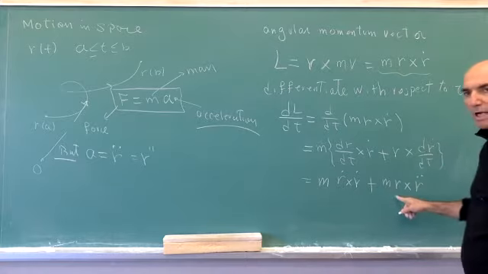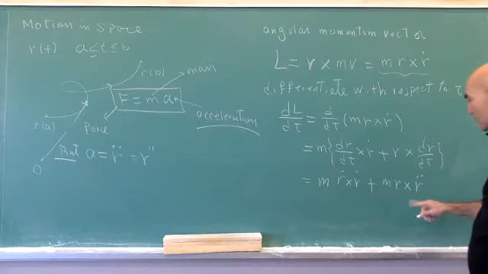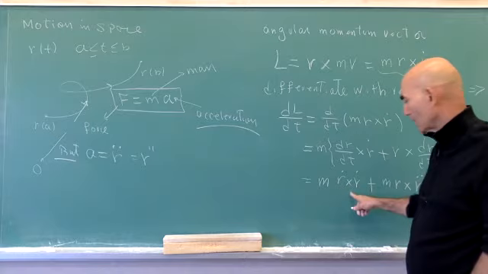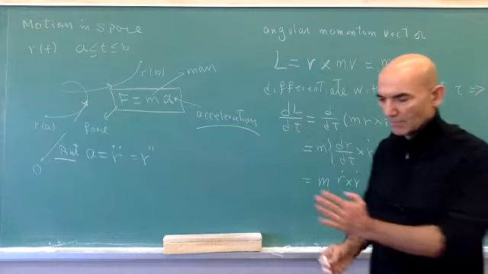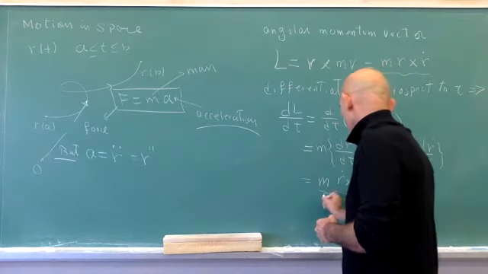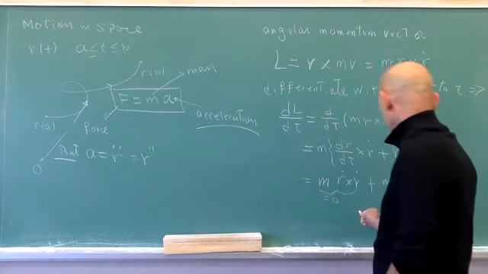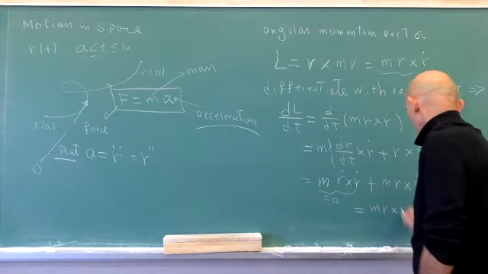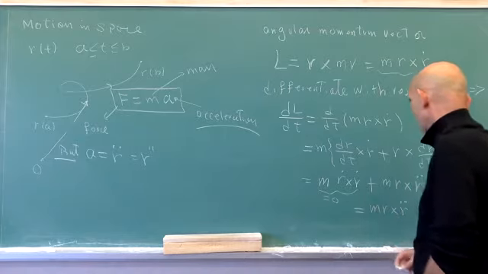So it's like r cross acceleration. But this first term is zero. r dot cross r dot is zero because if you cross a vector with itself, you get zero.